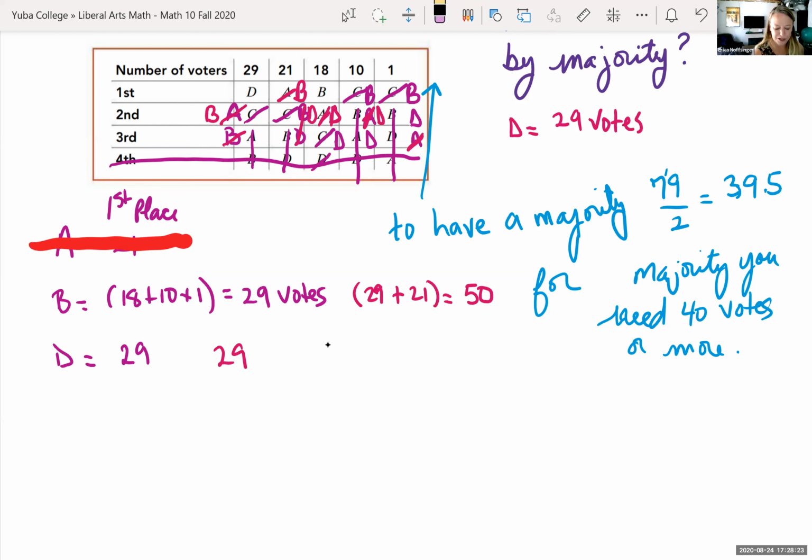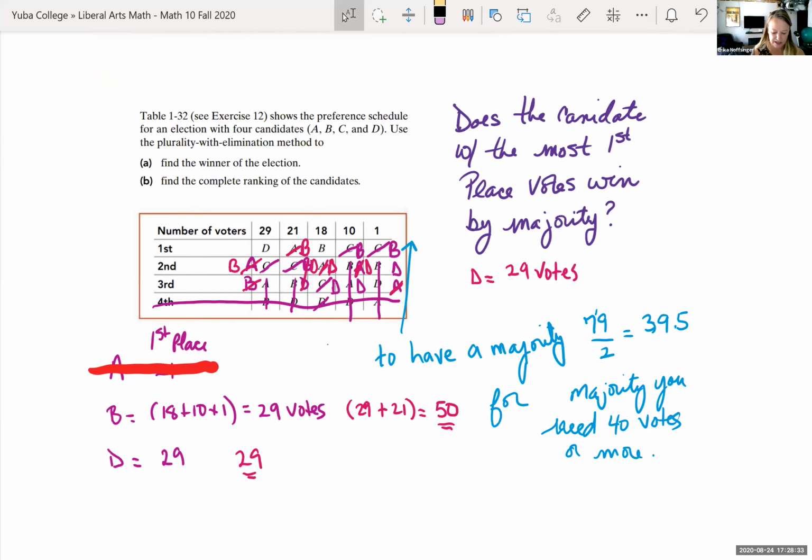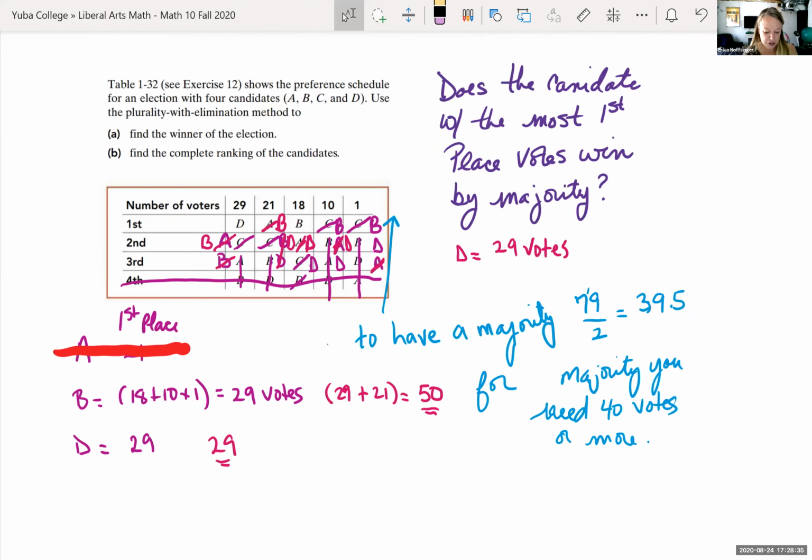We know when we do that elimination method, when we're summing who's left and the votes, we should get the total number of votes of the voters, which we saw before was 79. And then here, we said that for majority, you had to have 40 votes or more. Does B also get 18? B does have 18. But that 18 and the 10 is 28.